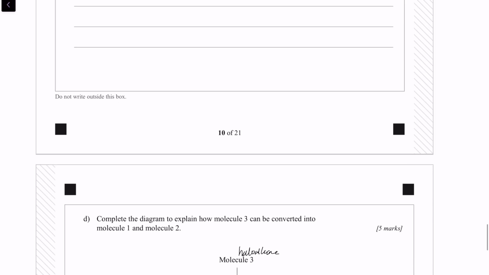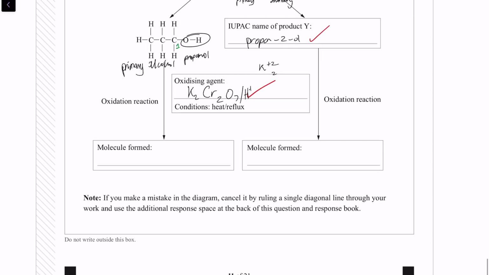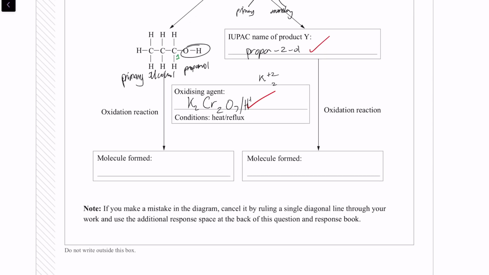Such as K2Cr2O7, that is potassium dichromate. So you could even write that down. I reckon I'm pretty sure they would accept that. And then just remember your strong acid as well.